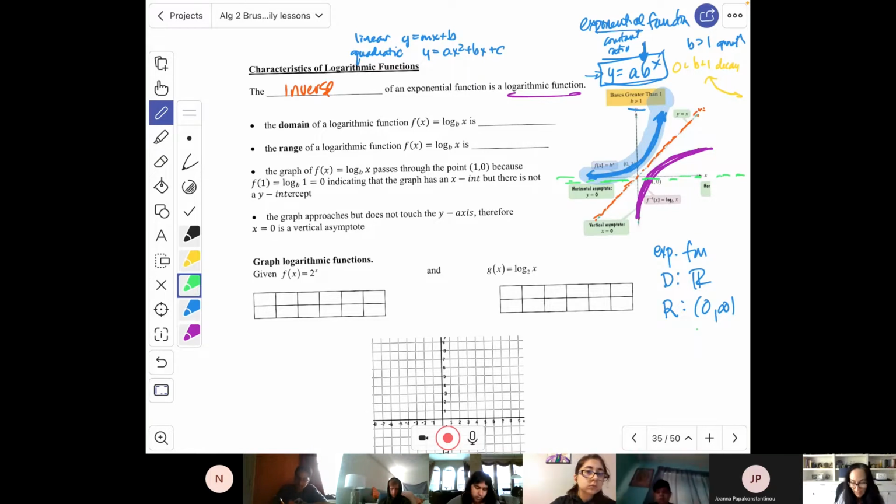So if I take that exponential function, knowing what I know about inverses, and I reflect that exponential function across y equal x, can you tell me what the domain of this logarithmic function is, the parent logarithmic function?